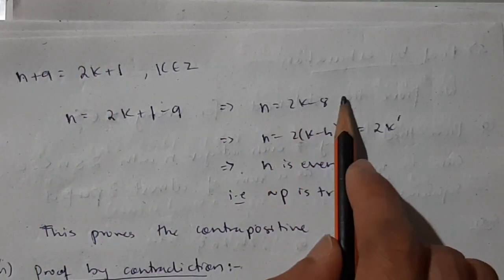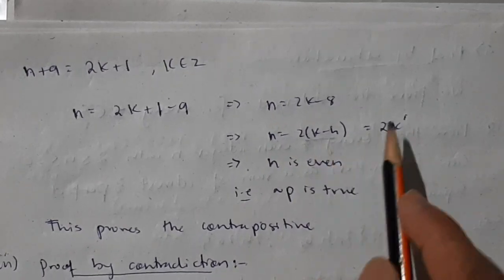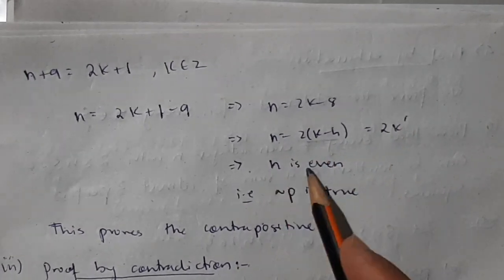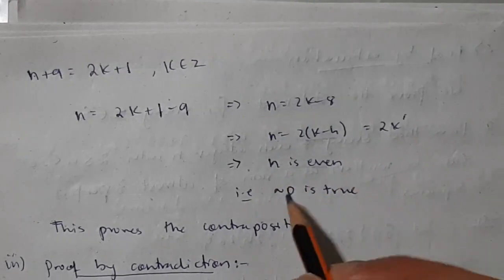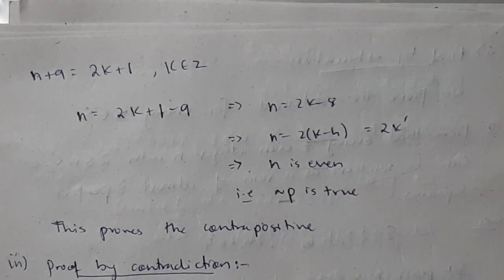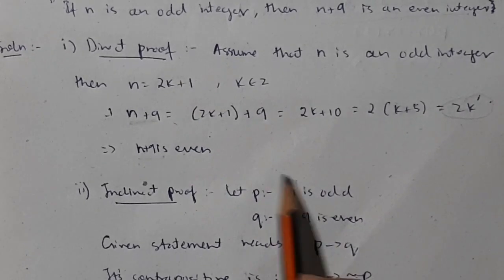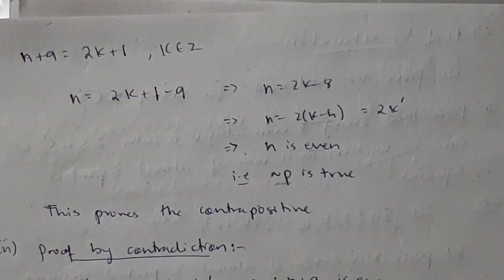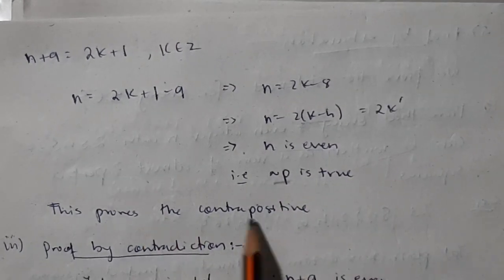If it is 2k minus 8, you can take 2 as common and you will be left with k minus 4, which you can take as k dash. Now n is even because it is of the form 2k dash. So n is even, that means not p is true. What was not p? p is n is odd, so not p is n is even, and here we got that not p is true. So this proves the contrapositive.